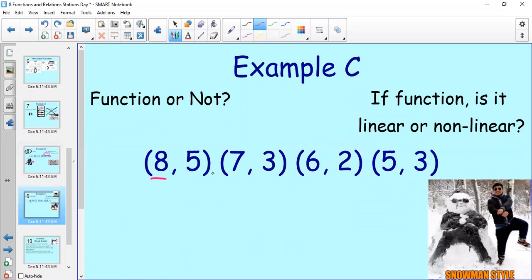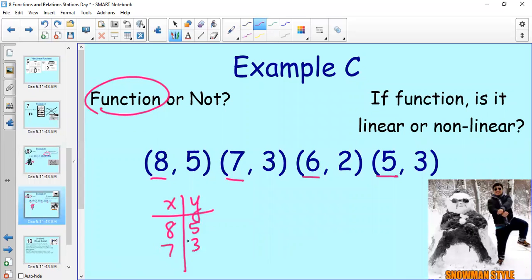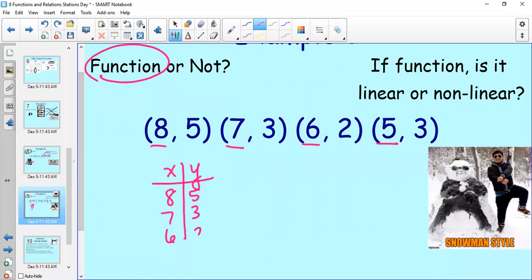I'm going to look at my domains. None of them repeated, so I know it's a function. And to see what kind of function, I'm going to put it into a table. Again, I see that a little bit better. So I would have to do 8, 5, 7, 3, 6, 2, and 5, 3.